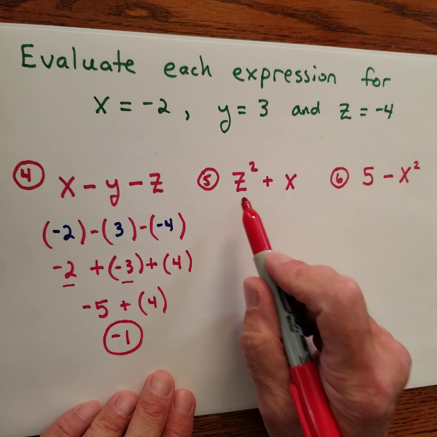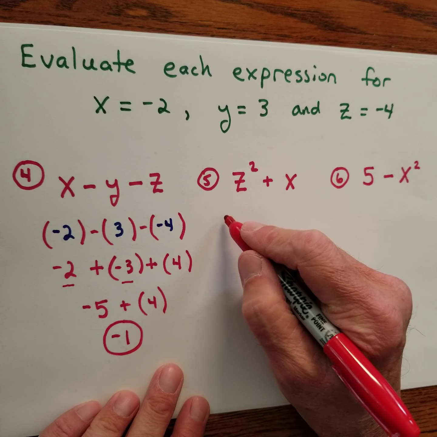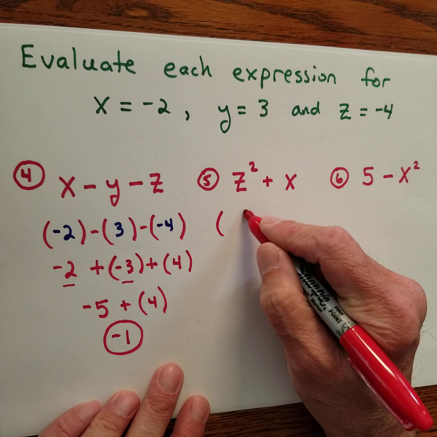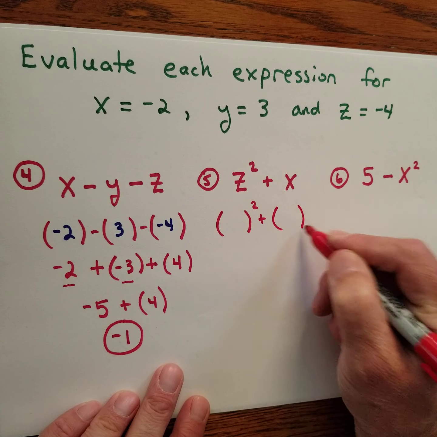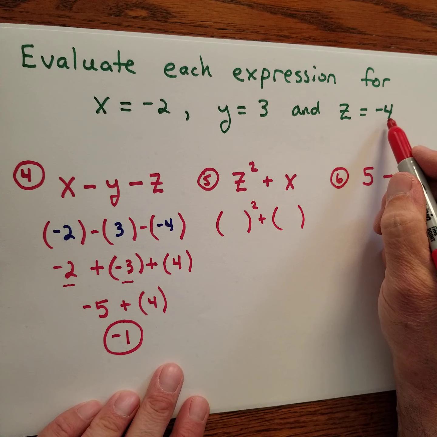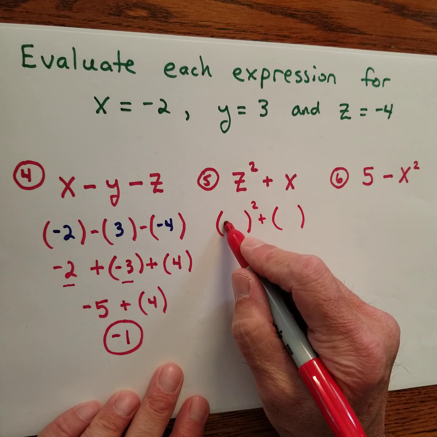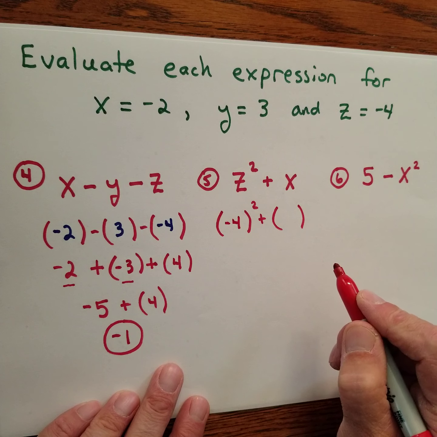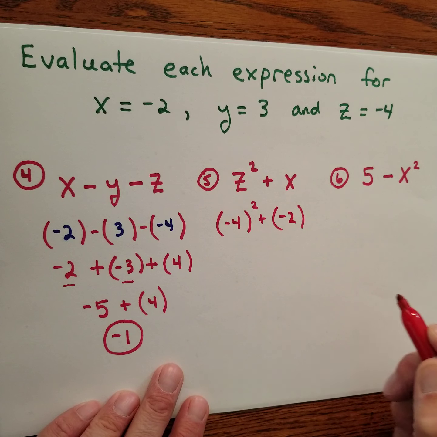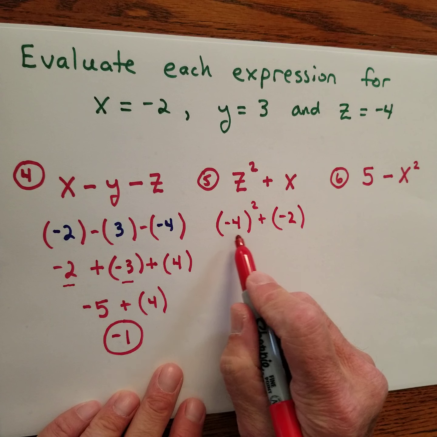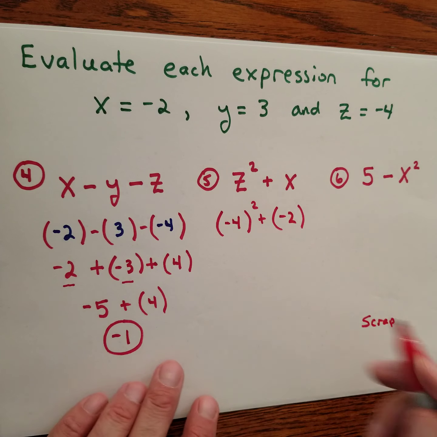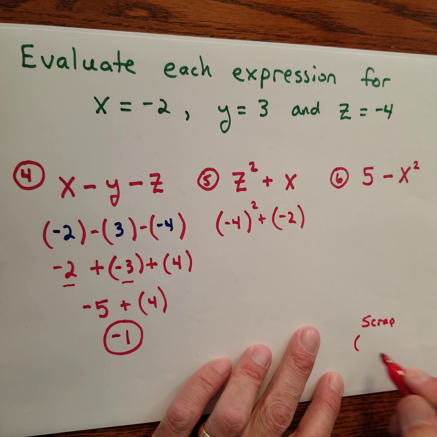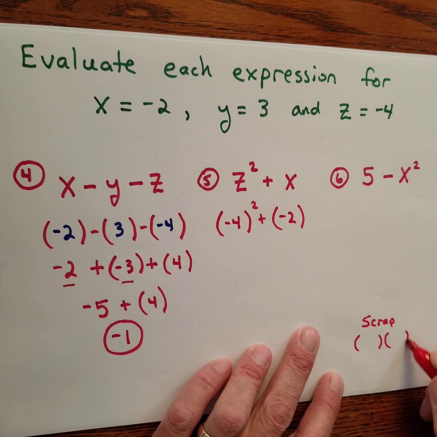Again, I think when we start these problems, I see the most amount of success when you replace the variables with parentheses. Put this -4 in for z. And x is -2. But what the parentheses help me to do is to remember, as I come down here on scrap paper, that I've got to multiply everything in that set of parentheses twice.